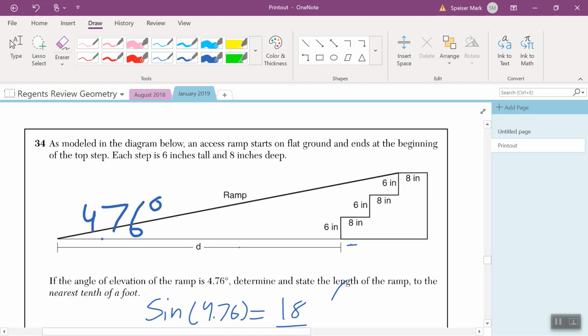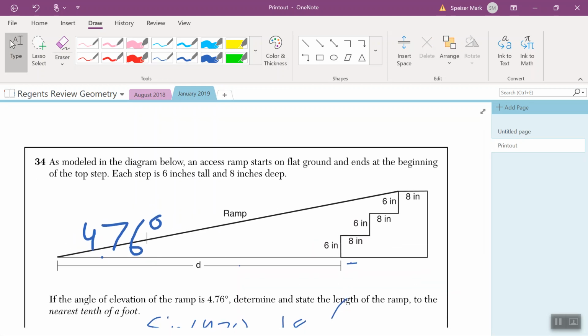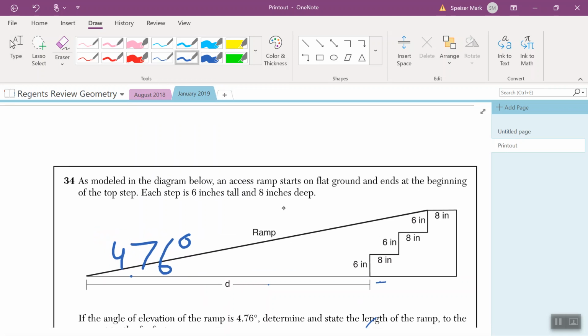Determine and state the length of the ramp to the nearest tenth of a foot. So the ramp, in this case, we'll call it x, and the height is 6 plus 6 plus 6, 18 inches. That's the opposite side. We want to find the hypotenuse.